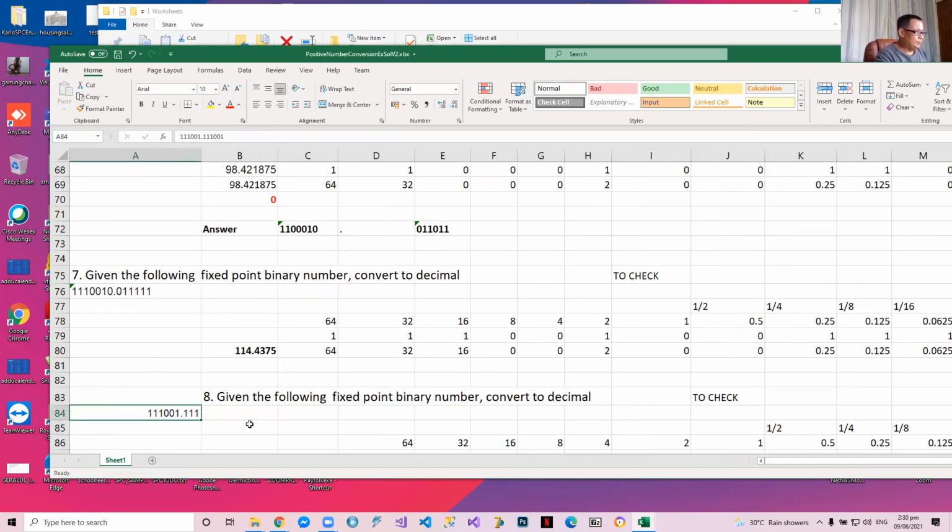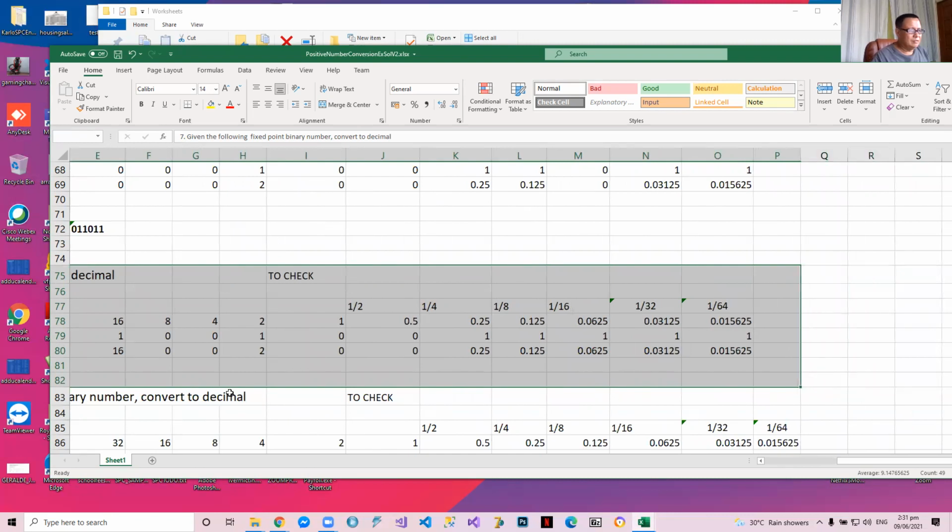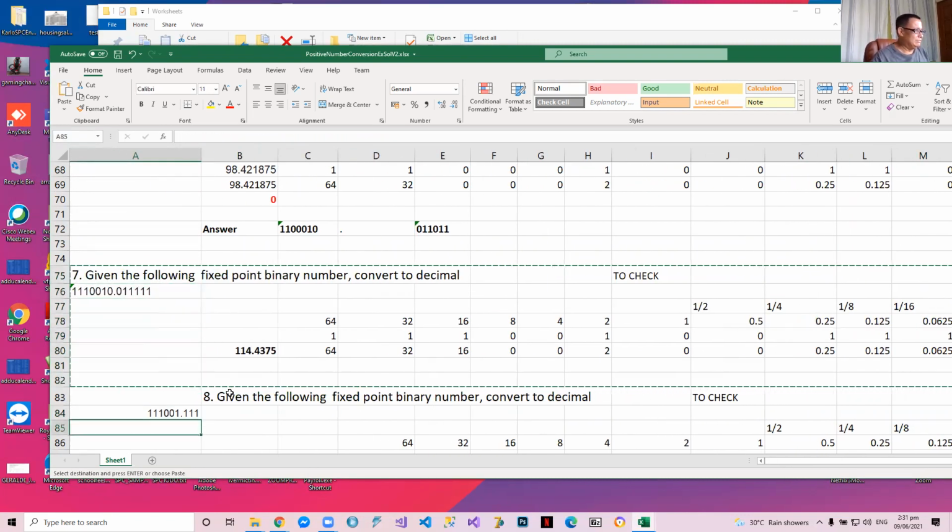It's the number. Let me just copy it again, because I've copied it to the wrong place. Wrong copy.